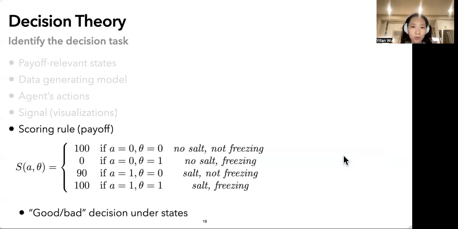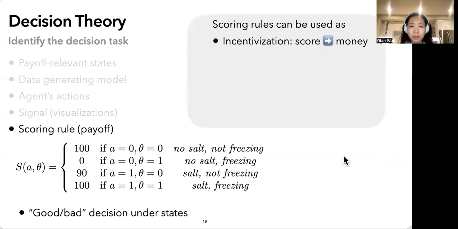And then a scoring rule or a payoff rule that's telling the agent what is a good or bad decision. So these scoring rules can be used as both incentivization, that translates the payoff of participants in experiments to real money after the experiment, or evaluation, that interprets the experiment results.